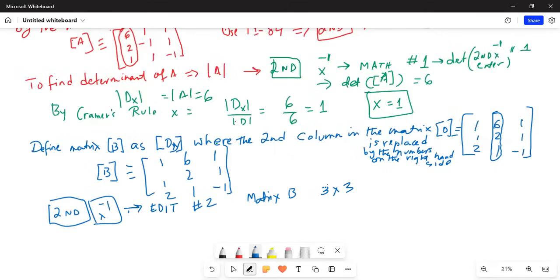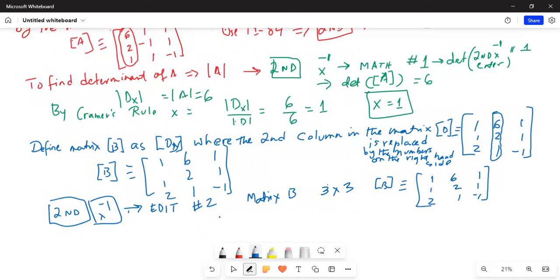And then the next row is 1, 2, 1. And the next row is 2, 1, and minus 1. So that is matrix B. Matrix B is written as we have written before: 1, 1, 2, then 6, 2, 1, and 1, 1, minus 1.